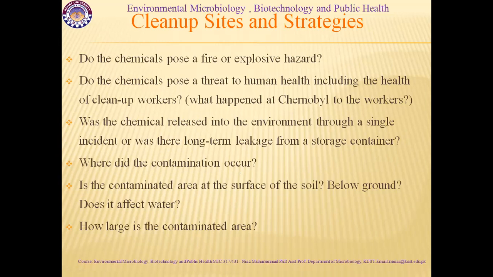Is the contaminated area at the surface of the soil, or below ground? Does it affect water? We have to check whether the contaminant is on the surface, underground, or has gained access to the groundwater aquifers. How large is the contaminated area? We also have to check these things.